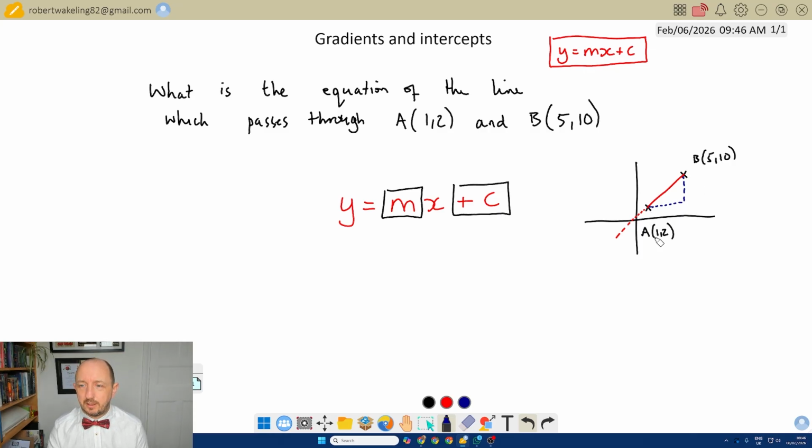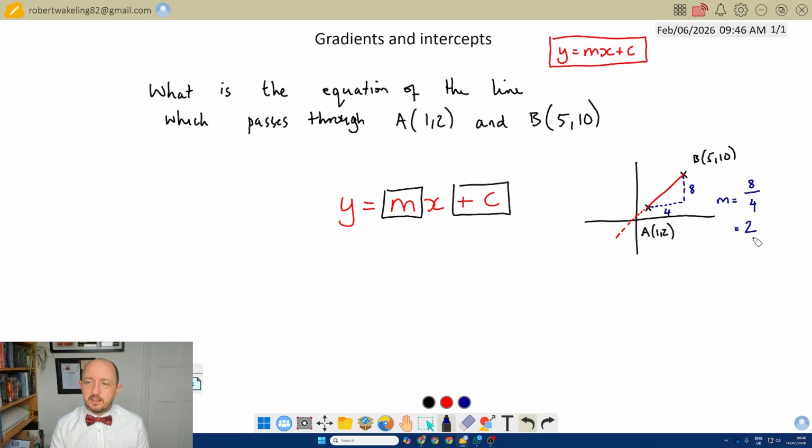From 1 to 5 is a distance of 4 along the x-axis, and from 2 to 10 is a height of 8. So my gradient, m, is rise over run, which is 2.